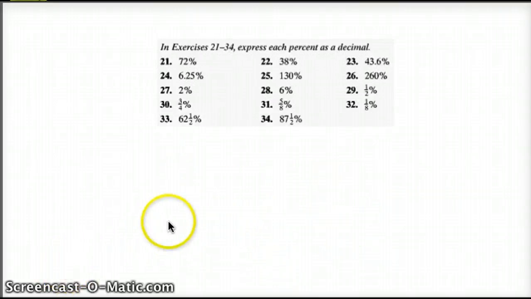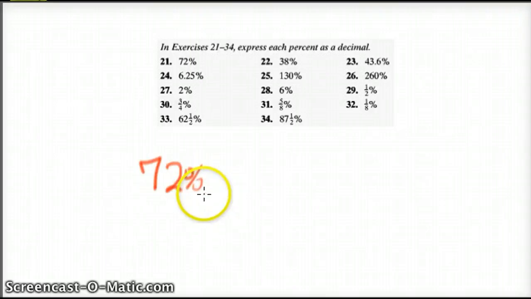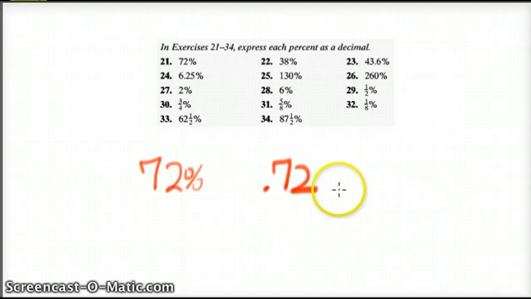Okay, now look at the directions for this section. Express each percent as a decimal. All right, so this first one I have 72% as a decimal. I'm just going to move it back 2 places. That is a decimal. How about 30? 3/4% as a decimal.